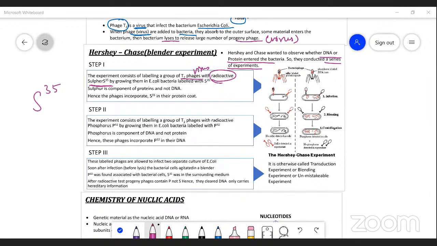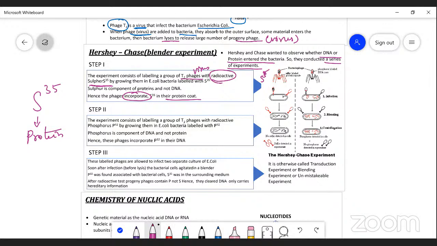You know what phages are, the viruses. See in the diagram, this is the S35 labeled bacteria. Sulfur is a component of protein and not of DNA. Hence, this phage incorporates S35 in its protein coat.